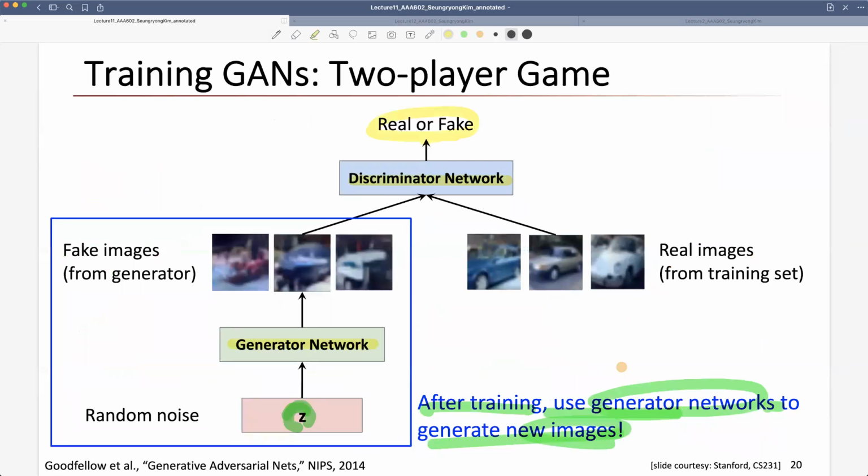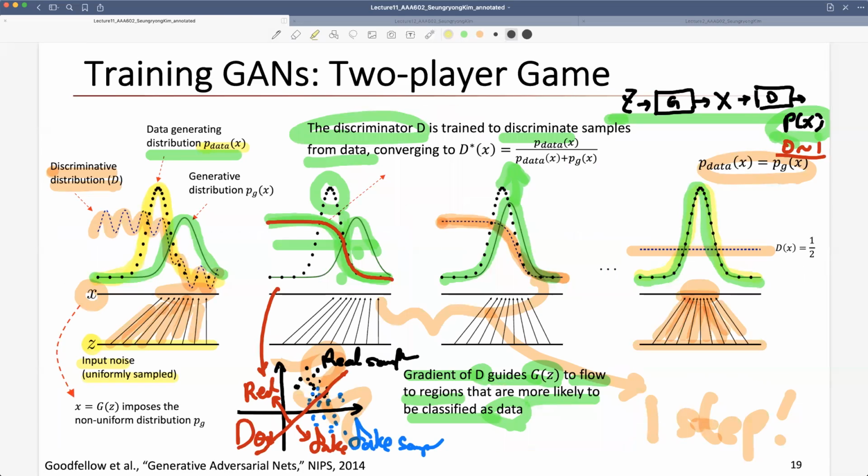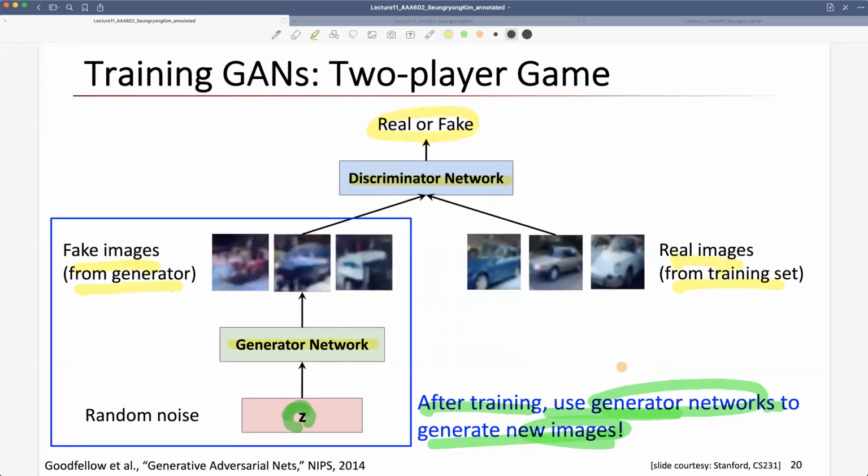The discriminator network tries to discriminate the real sample and fake sample, real data here, and generated samples here. After training these two networks simultaneously, finally, we can just use this generator to generate real-looking images at testing time. Testing phase.